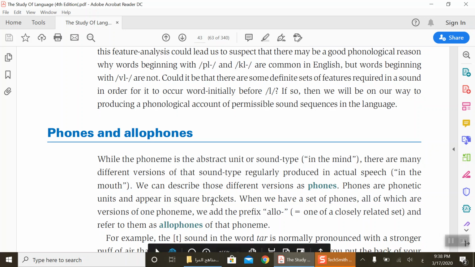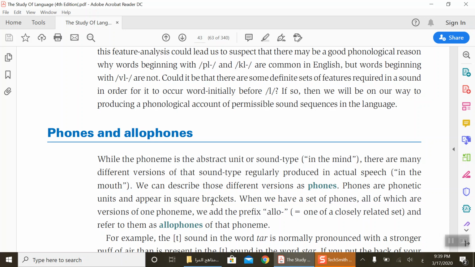We have, for example, the letter S. Sometimes it is pronounced s, and sometimes it is pronounced z, and sometimes it is pronounced iz. For example, when we say look, looks.